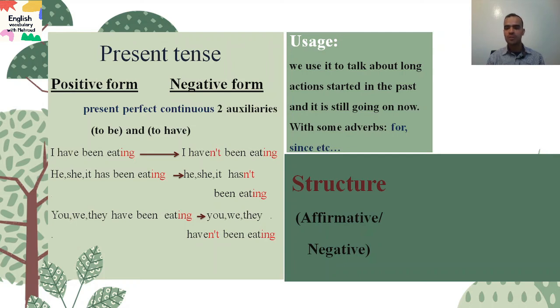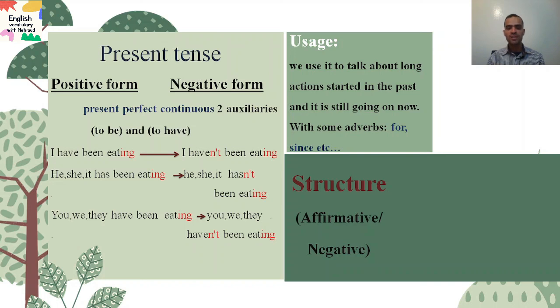So we talk about actions that are long, started in the past, without mentioning the date, and still happening in the present time. This is how we can use the present perfect continuous.